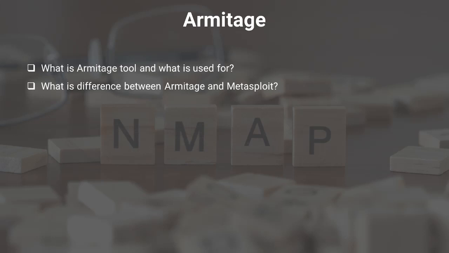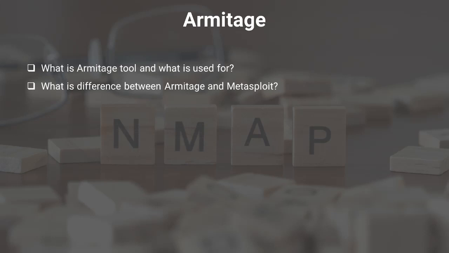So from here, we know Armitage is trying to make the job easy for us, for beginners and also for professionals. For information about this excellent project, how it's made and its creators, you can find it on Offensive Security and Armitage's official website.